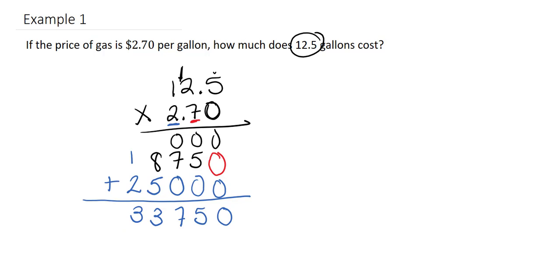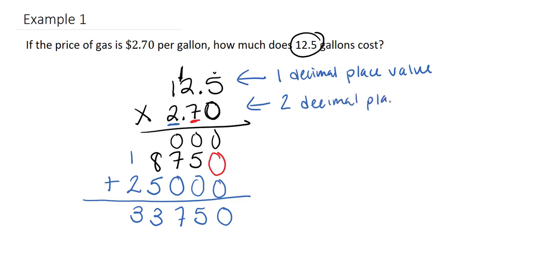Now we need to go back and count the number of decimal place values in both numbers. Well, this one has 1 decimal place value. And the second one has 2 decimal place values. So together, that is equal to 3.